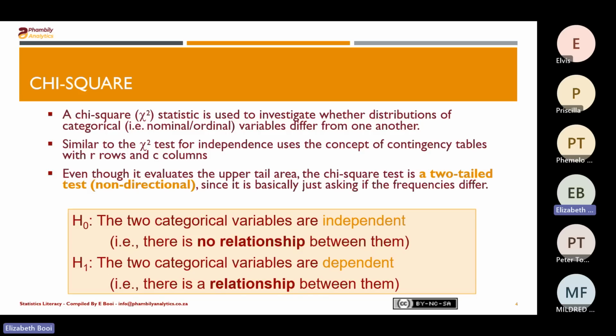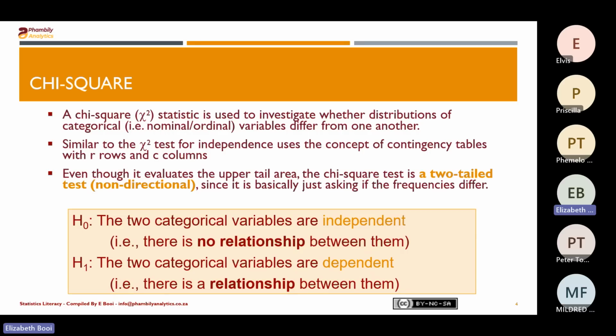Always remember, in your null hypothesis, you're always going to have independence, and in your alternative it is going to say dependent. So the statement you will write under your null hypothesis will say the two categorical variables are independent. In your alternative, you will say the two categorical variables are dependent.